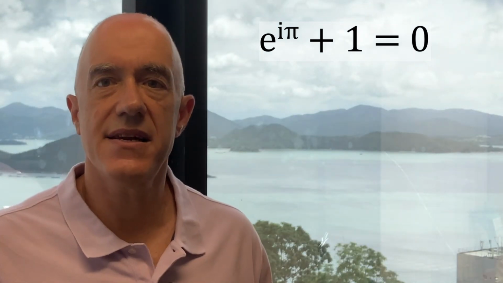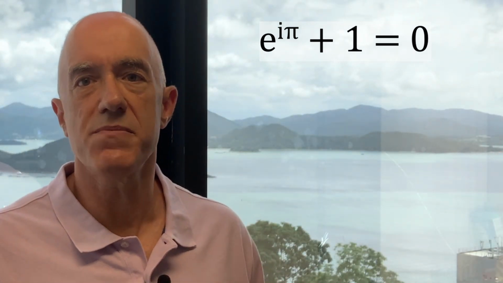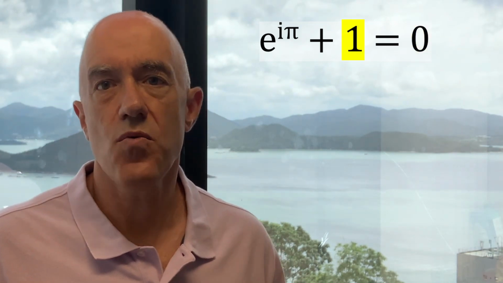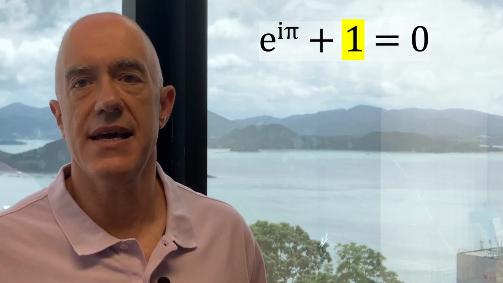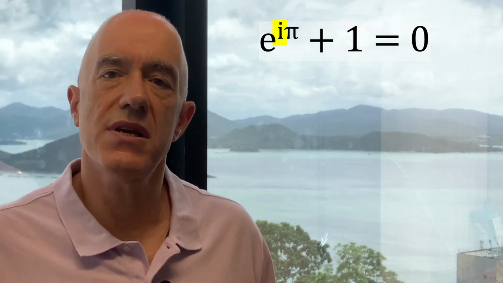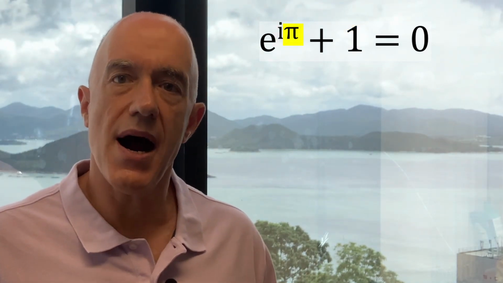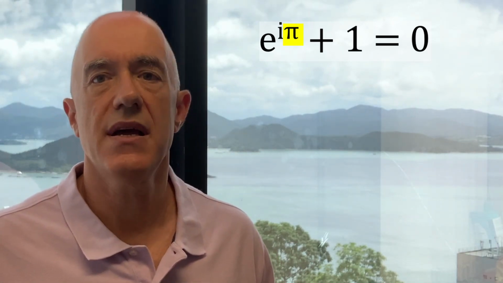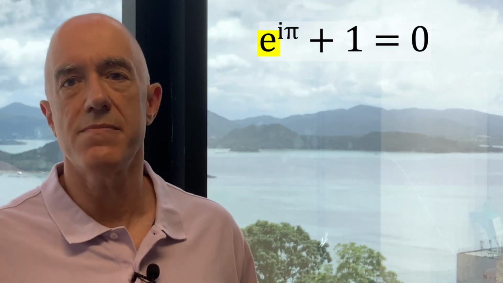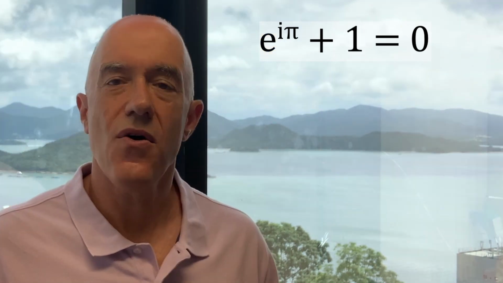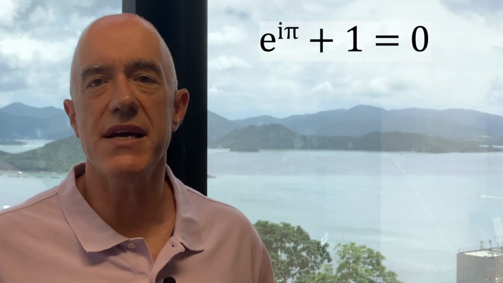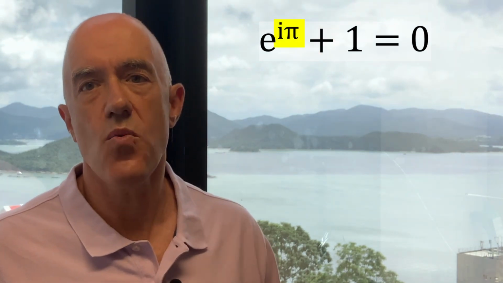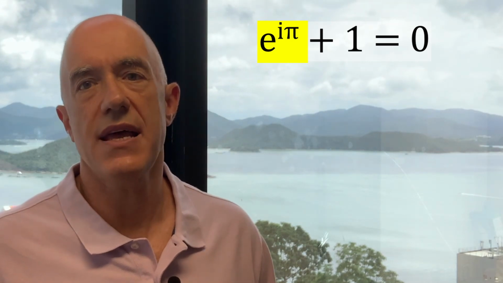This is an identity between the 5 most important numbers in mathematics: 0, the addition identity; 1, the multiplication identity; i, the unit imaginary number; pi, the most important number in geometry and trigonometry; and e, the most important number in calculus. Euler's identity gives us a relationship between these 5 numbers using only 1 addition, 1 multiplication, and 1 exponentiation.